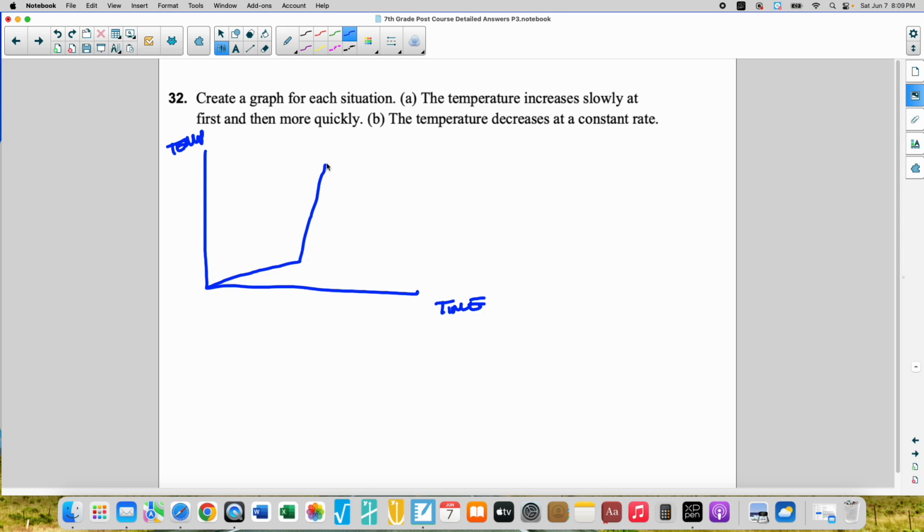So it's going up faster in a shorter amount of time. That would be A. The temperature decreases at a constant rate. So decreasing at a constant rate would just be a linear line. So that's not going to change. It's going to be a straight line decreasing. And again, this is over time, as time goes from 0 to more time, and this is your temp. Your temperature starts here and it decreases at a constant rate.